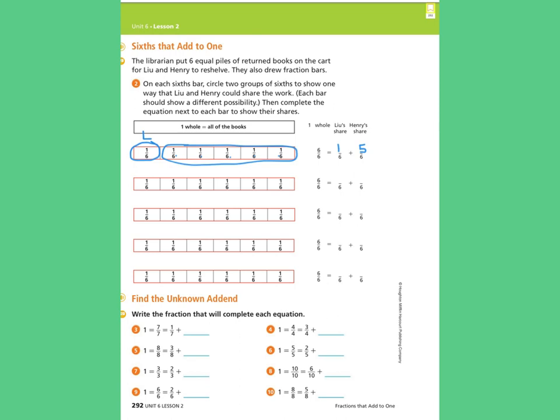So we could also do if Lou has 2/6, then Henry's share would be 1, 2, 3, 4 sixths.